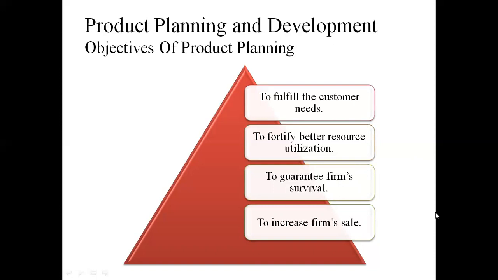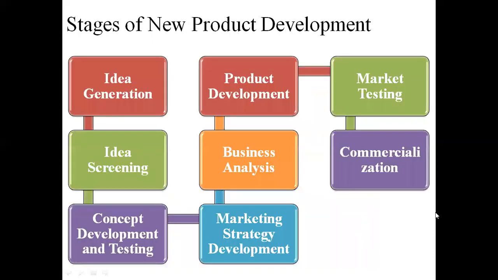Okay, so let's see what are the various stages of new product development. You may find in some books they will give you only 5 stages, and here we are discussing 7 stages. So different authors have their own view about the stages of new product development.